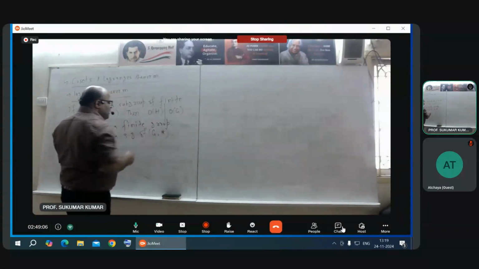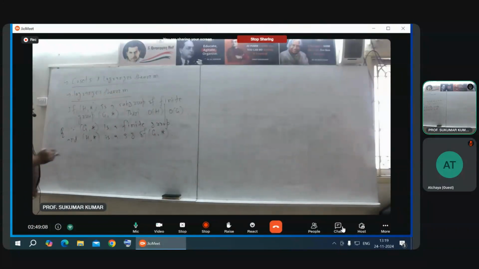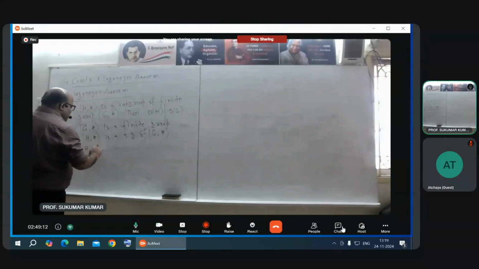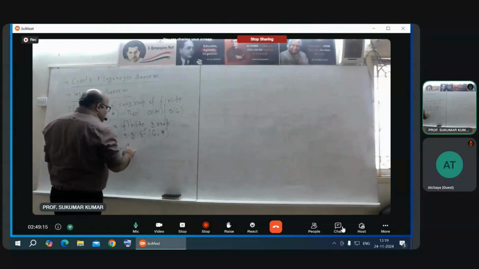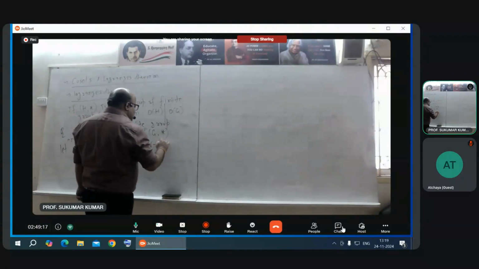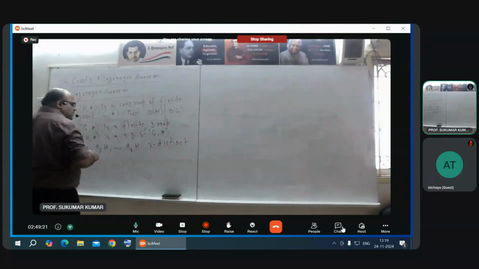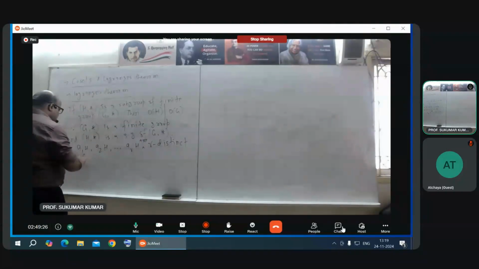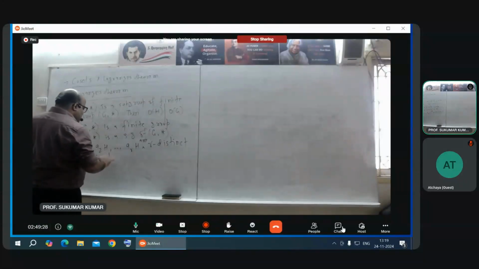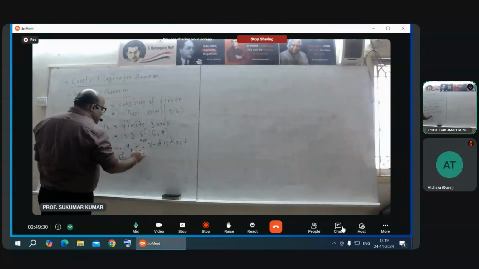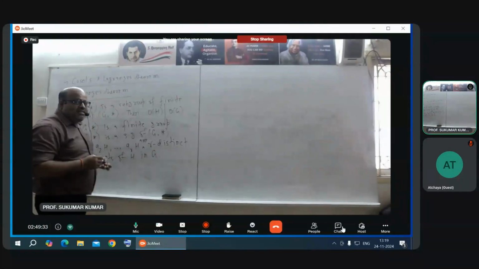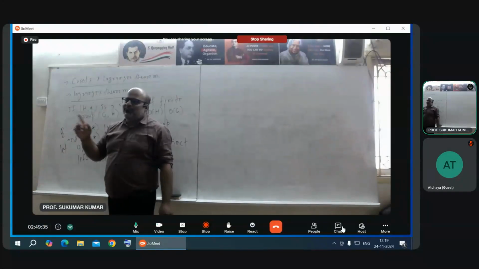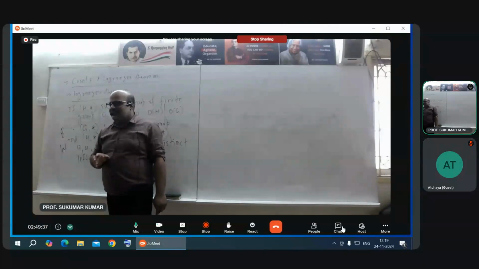When we have a subgroup, we can find left cosets and right cosets. So suppose we have R distinct left cosets of H in G. These left cosets are our pieces: piece 1, piece 2, piece 3, piece 4 from the left.